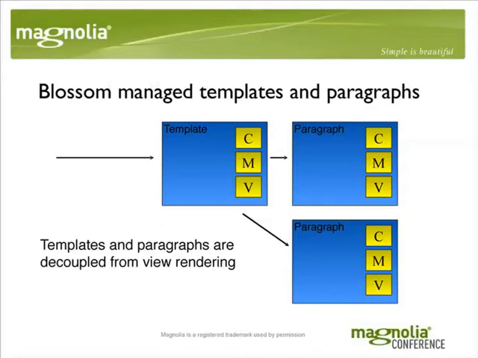So what happens here is the template is driven by a controller, and the paragraph is driven by a controller. And this has an interesting effect, because now templates and paragraphs are decoupled from view rendering. So there's no longer a concept of this template is a JSP. It's backed by a controller that can take decisions on what view technology to use.